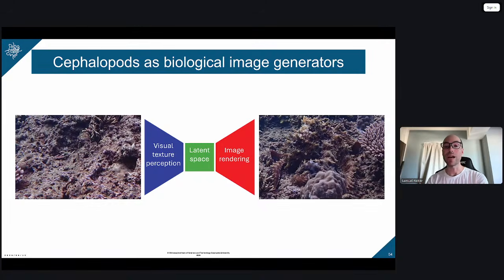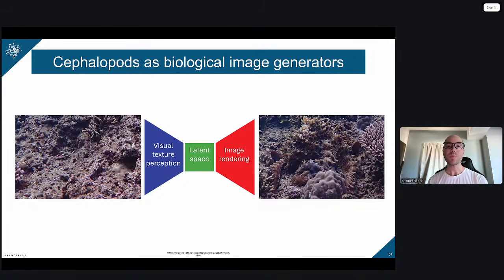So that's our current view of how this works. And what we're interested in doing now is looking deeper into the brain, actually by doing neural recordings and trying to unpack this toy model and see really how the brain implements the different aspects of camouflage.